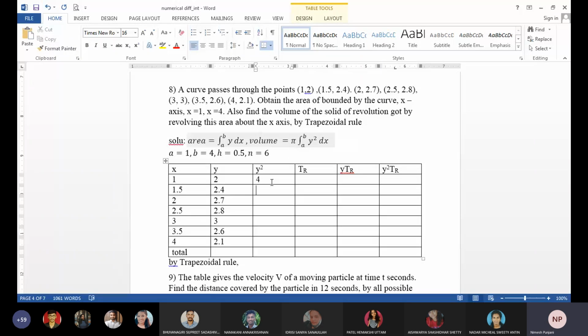Often I tell this, but hardly anyone asks a question. Oh, I closed my calculator. Right, these are the values of y square which I get.